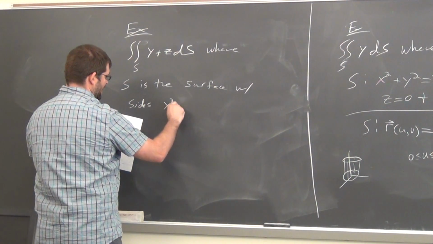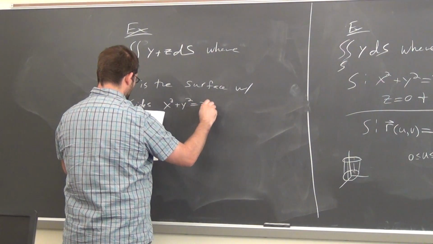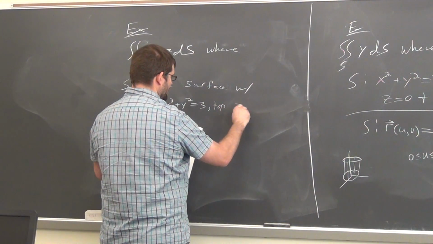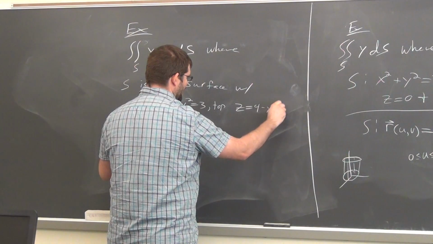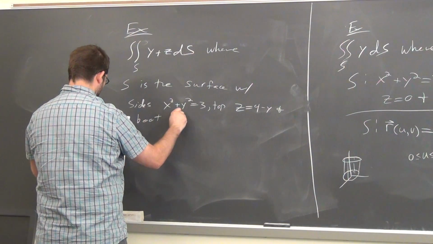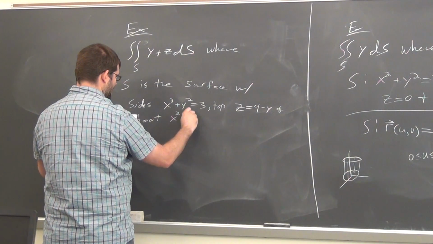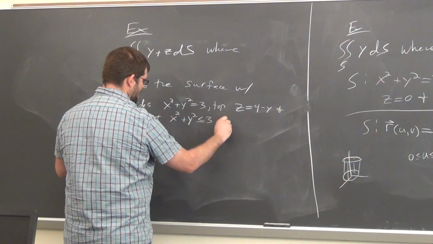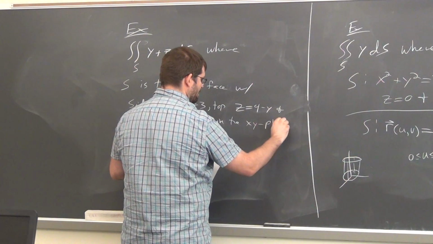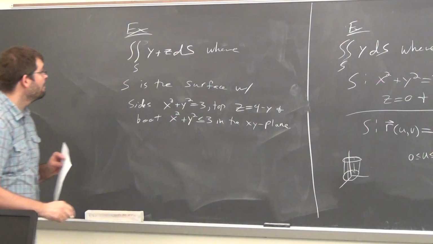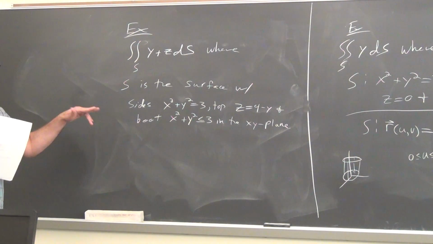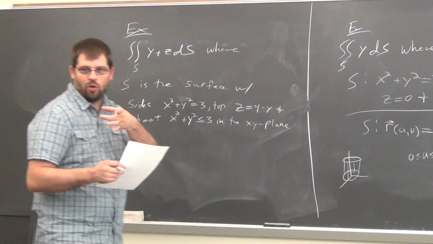Sides: x squared plus y squared equals 3. Top: z equals 4 minus y. And bottom: x squared plus y squared less than or equal to 3 in the xy plane. So it's the whole disk then, right?